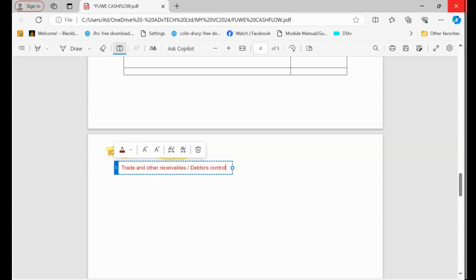But remember, according to our standards, I'm referring to the IFRS, they prefer to call them trade and other receivables. It means this is the same as debtors control. These are the people who owe us. So firstly, we need to find the balance at the beginning. Let me just call it opening balance.